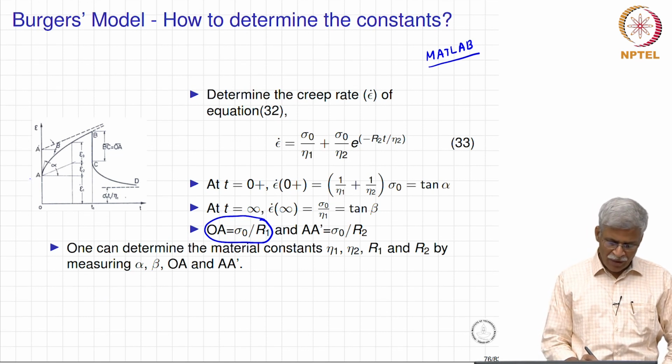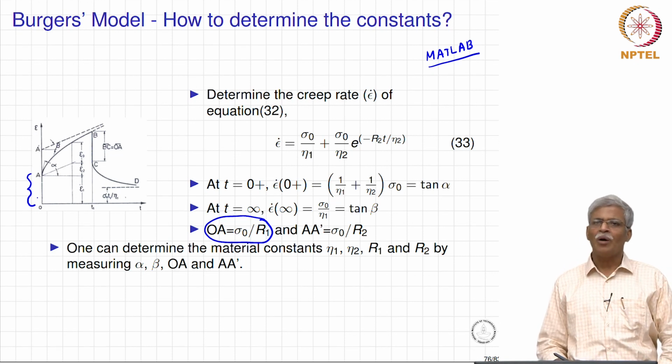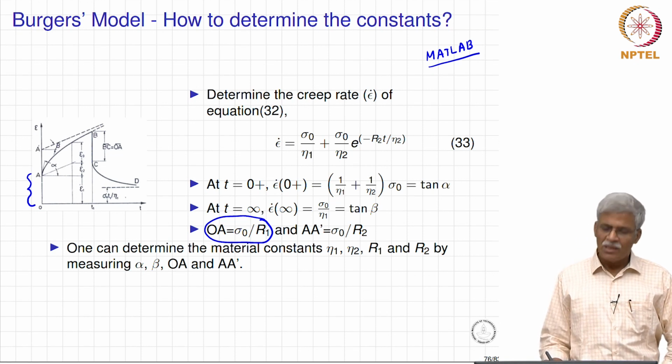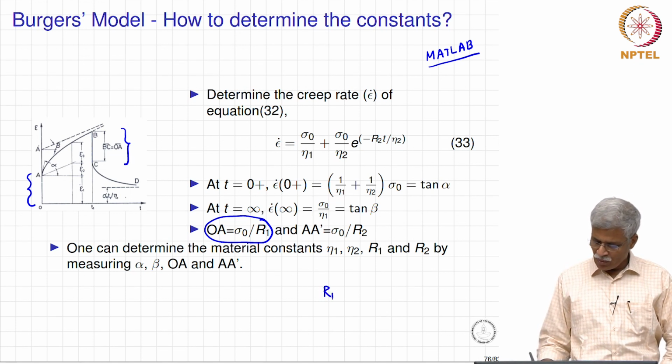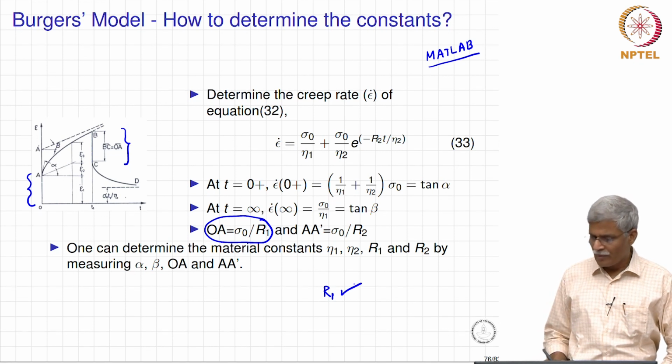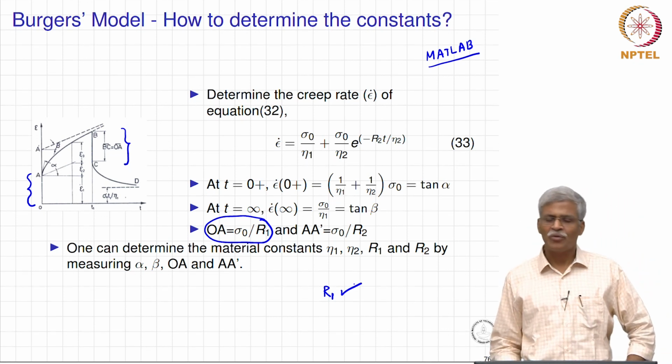So, that means if we have an experimental data of this particular form, and if you know the stress to which it has been subjected, by just looking at this particular loading as well as the recovery, we should be in a position to find out what is R1. So, that is the easiest parameter to find.